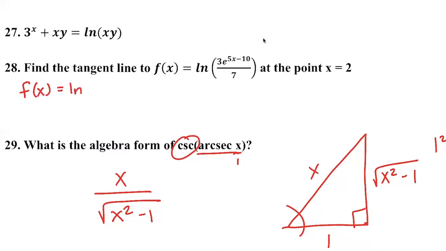So it would be the ln of 3 plus the ln of e to the 5x minus 10 minus the ln of 7. Now, what happens with ln of e? What is that equivalent to? 1. Yeah, so you're really just left with 5x minus 10.